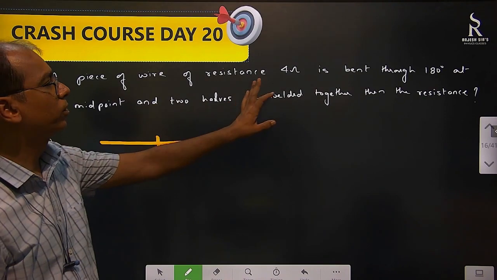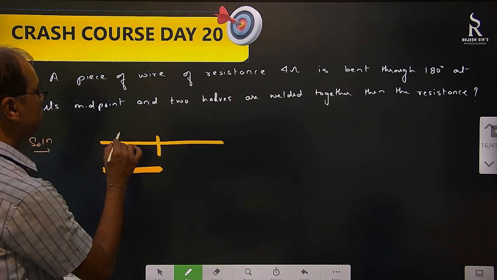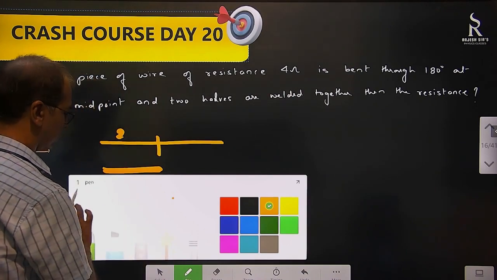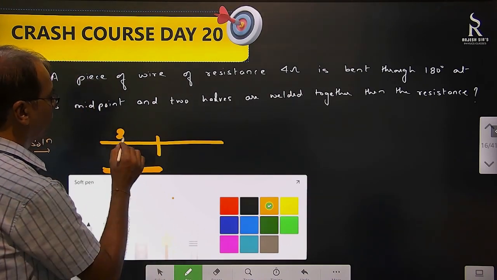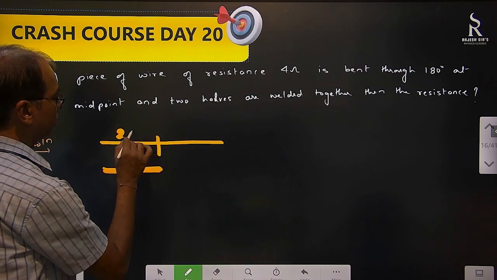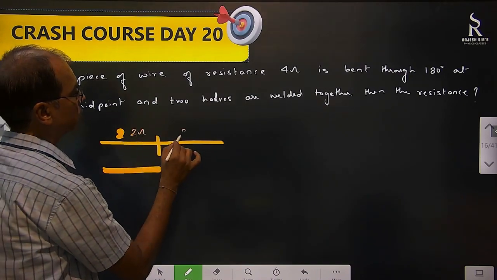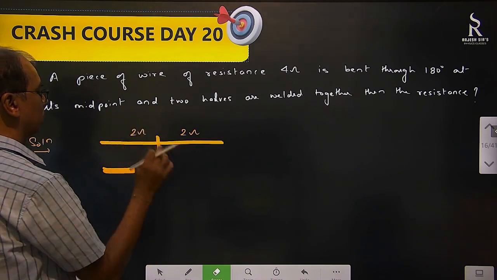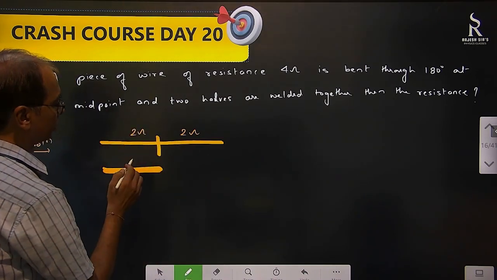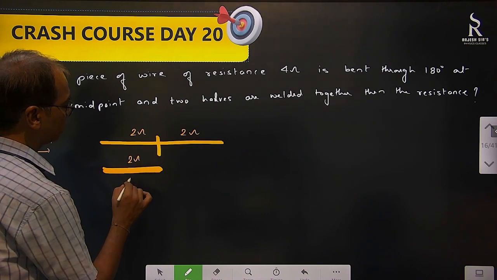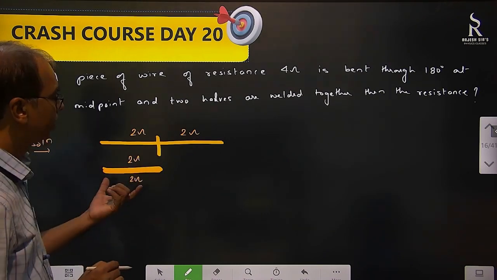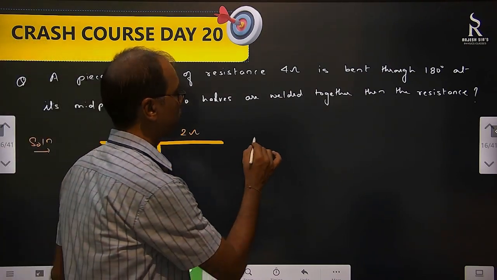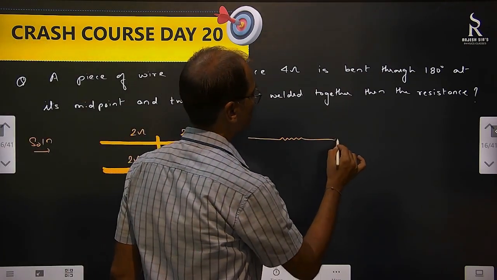If it's 4 ohm, then I know this is 2 ohm and this also is 2 ohm. So you bend it together. Now this is 2 ohm and this is also 2 ohm. So what has happened? Now this is actually parallel, right?